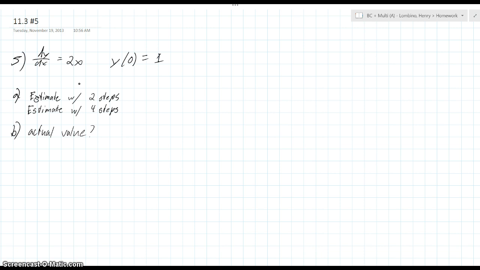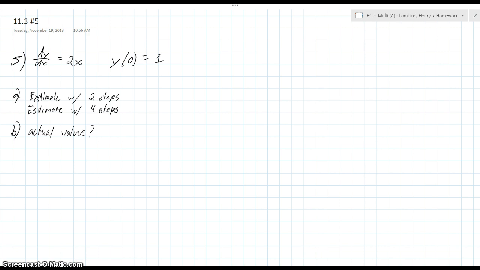For the first part of this problem, we're going to be estimating with 2 steps, then with 4 steps. Then for the second part, we're going to calculate the actual value and compare our findings for both of them.